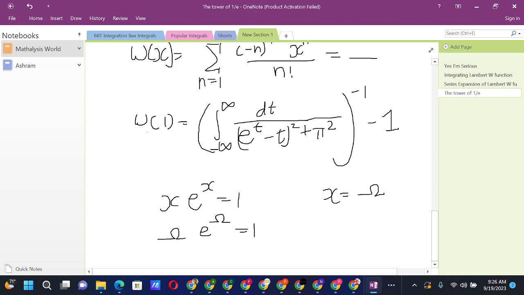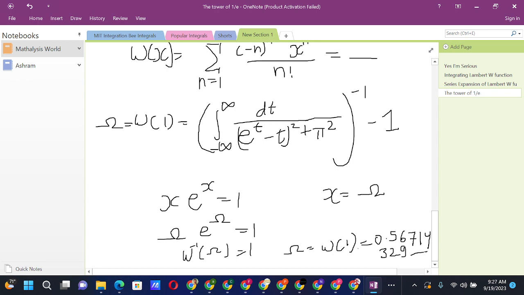So we can say that since this expression is Lambert inverse of omega, and omega equals Lambert of 1, Lambert of 1 is also a well-known mathematical constant known as omega, and the value for omega is 0.56714329 and goes on.